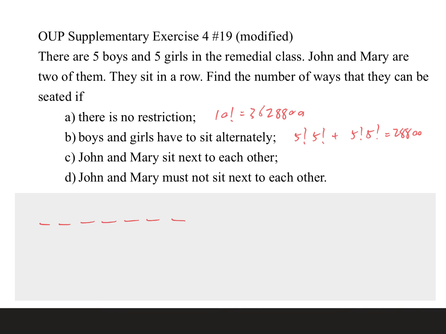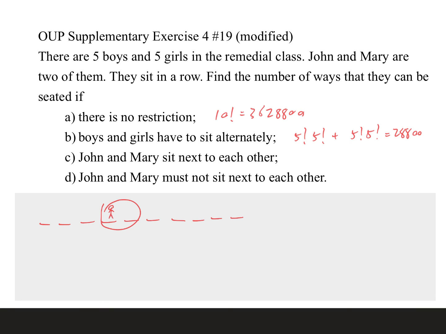Oh, have I missed out? We have 3 more 10 seats. Now, Mary and John, suppose they are bundled together, okay? Tied together. Okay, so they can be considered as one piece. And therefore, all the other classmates can sit whatever we like. So they're treated almost as if there are only 9 objects.